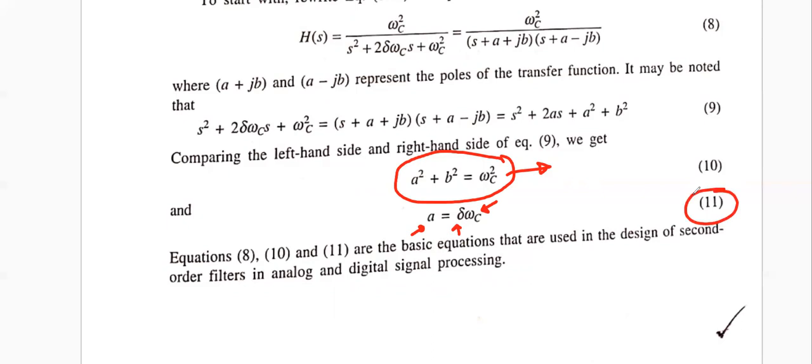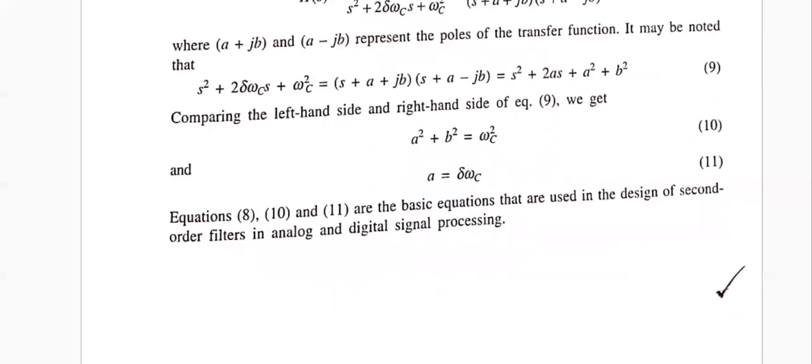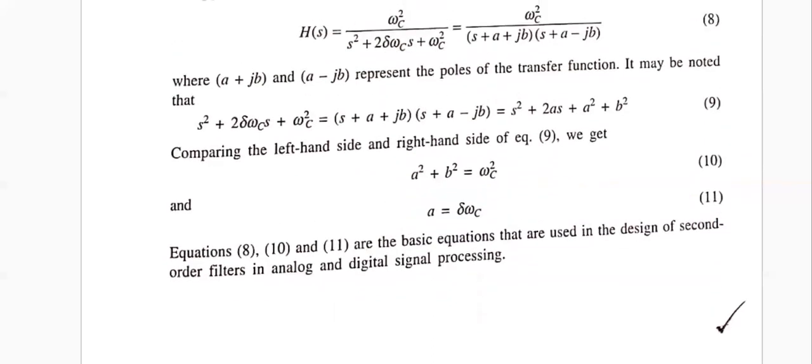And it is mentioned in this book that this is a very important fact, that equations number 8, 10, and 11 are the basic equations that are used in the design of second order filters in analog and digital signal processing.